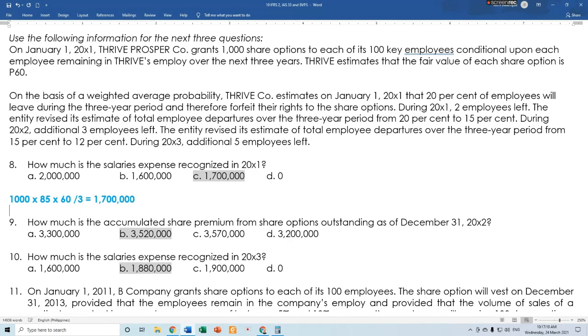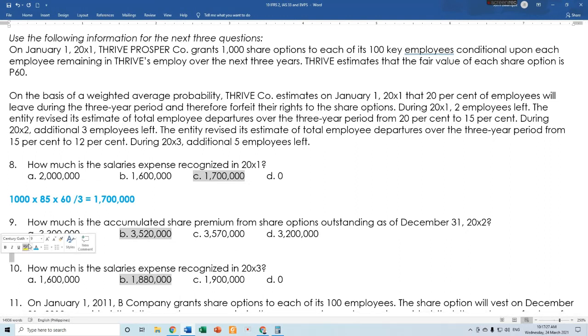Nung kasunod na taon, ang tinatanong, how much is the accumulated share premium from share options outstanding as of December 31, 20X2? In other words, yung accumulated na for 2 years. Ang gagawin mo, 1,000 times ilan din in-expect natin. During 20X2, additional 3 employees left. Ni-revise mo from 15% to 12%.